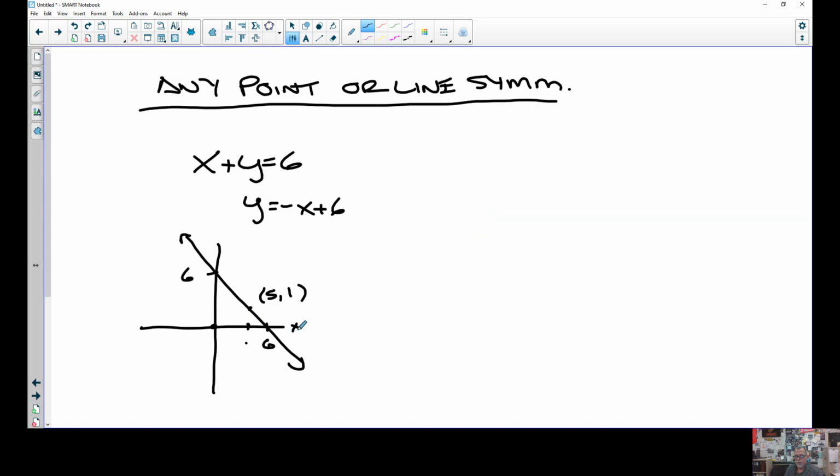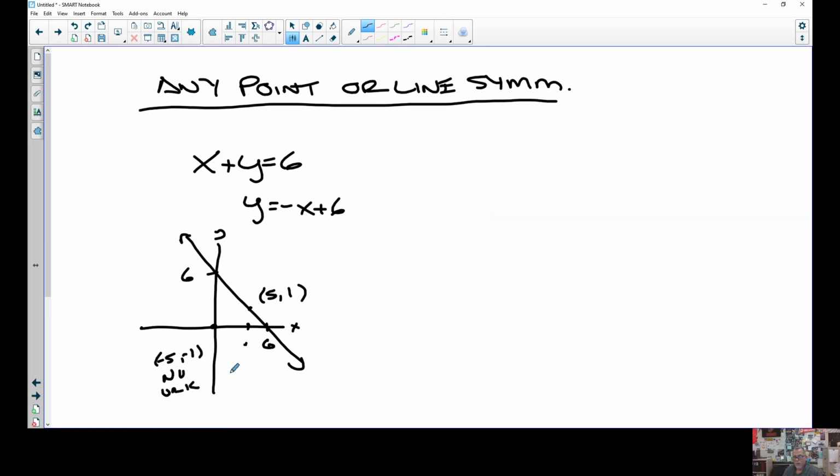X-axis symmetry, this is our x-axis. Y-axis symmetry, if 5, 1 is on this graph, -5, 1 should be on this graph, right? It isn't. So far, we've already discounted that it can't be origin symmetry because -5, -1 is not on this graph, right? Whoops, I put the parenthesis in the wrong spot there. So -5, -1 is not on this graph. So it's not origin symmetry. No to origin.